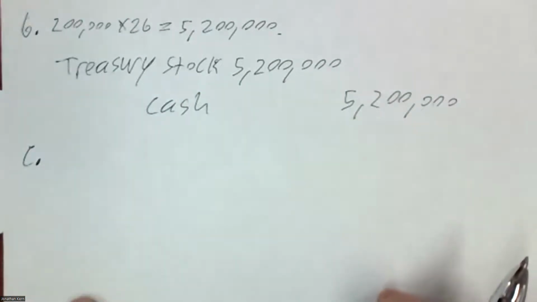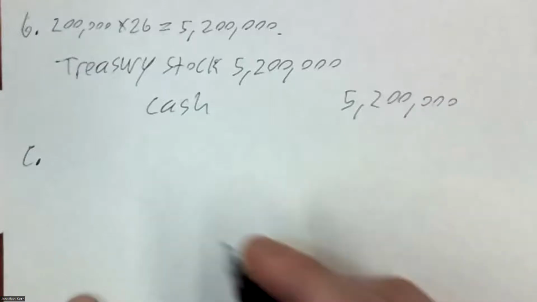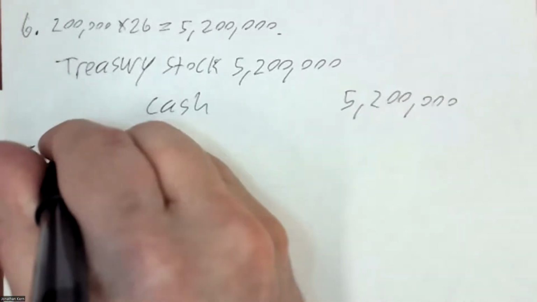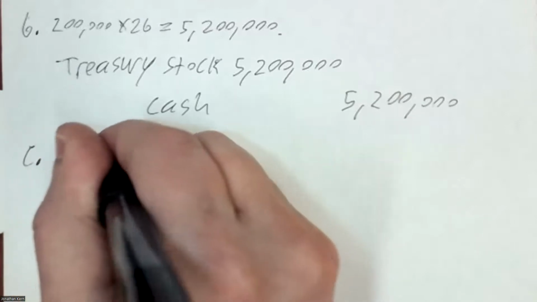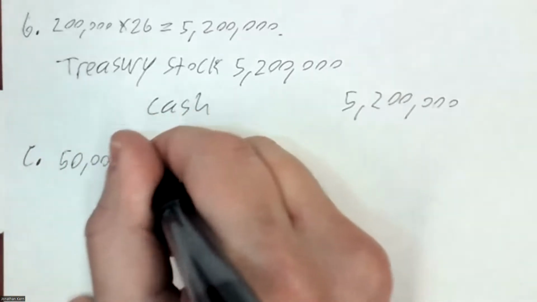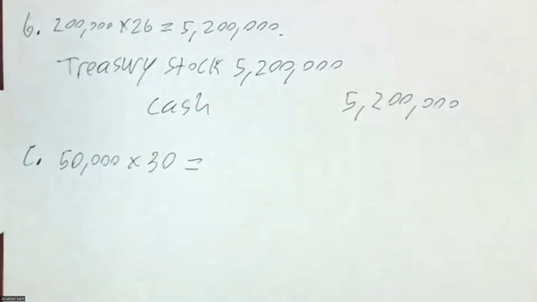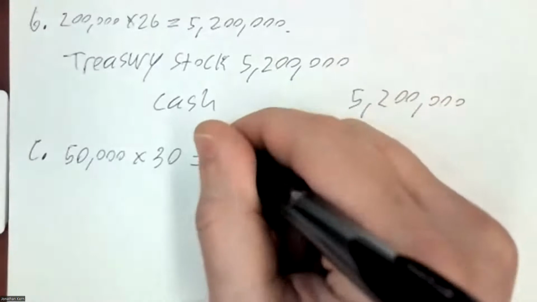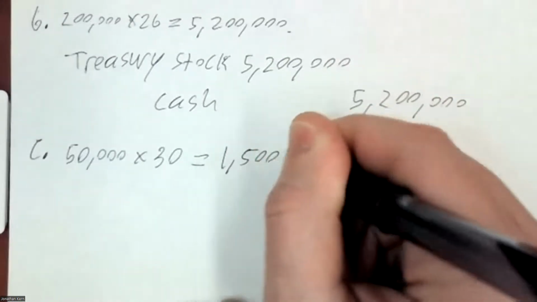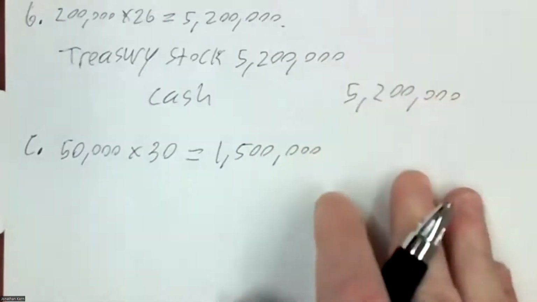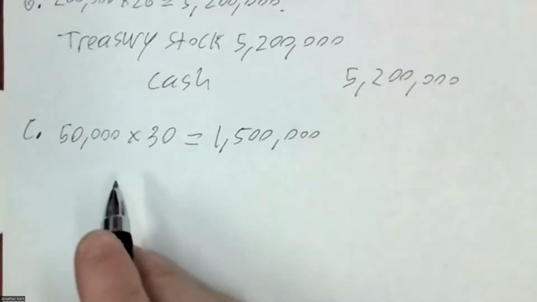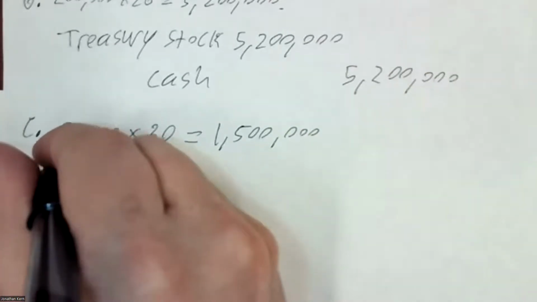So for C, the first thing we need to do is determine how much cash we're going to receive. So we'll do 50,000 shares times $30 per share, and that'll give us $1.5 million. And we also need to calculate the cost of these shares.